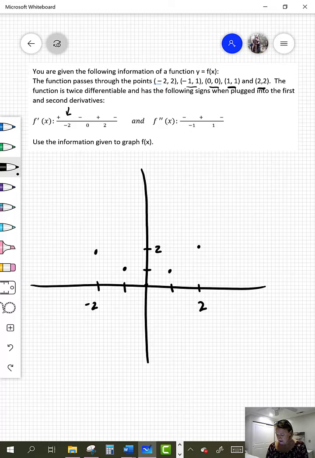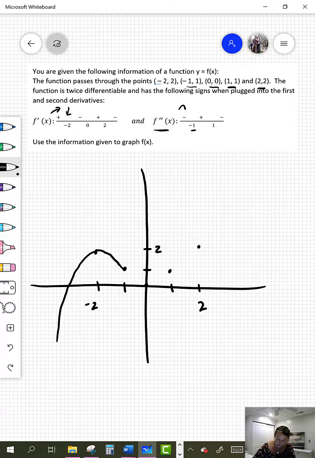Let's look over here. On the left of negative 1, so this is my double derivative, it's negative. And so I'm going to see that negative 1 is an inflection point. If it's negative, then I know that it's concave down here. And this was increasing. So increasing, concave down. Could look like this. Concave down until I get to negative 1.